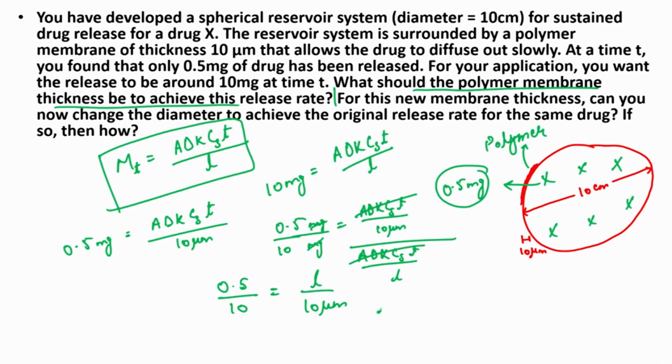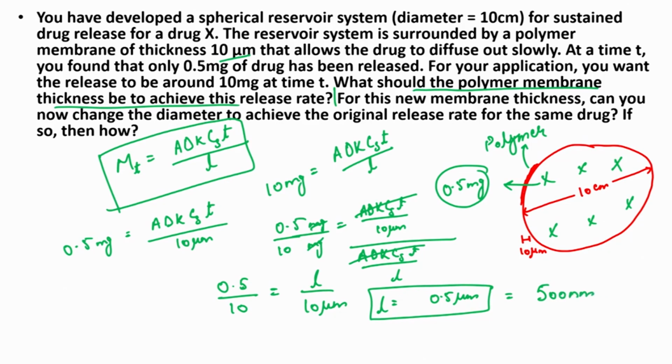So, L can go on the other side. So, we will have this thickness to be 0.5 micron, which means that if we now decrease the thickness from 10 micron to 0.5 micron, we will be able to achieve that. So, this is nothing but a 500 nanometer polymer thickness layer.